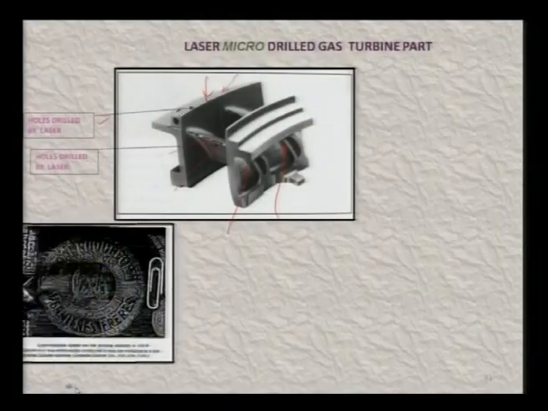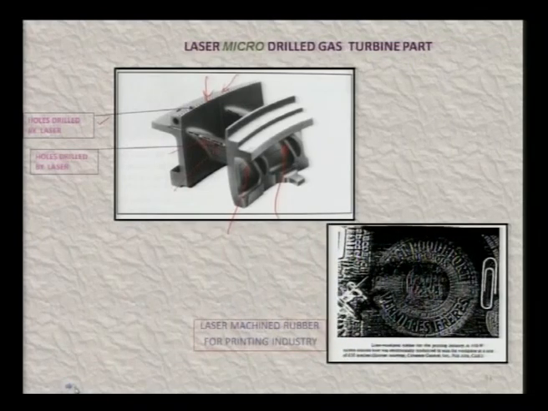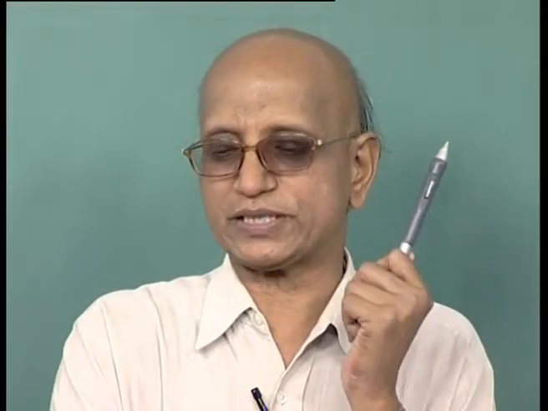Now, here is another interesting application. The printing industry uses rubber stamps or rubber seals, as shown over here, and it is a very complicated one. If you try to make the mold of it or use some other methods, it is going to take days and days.